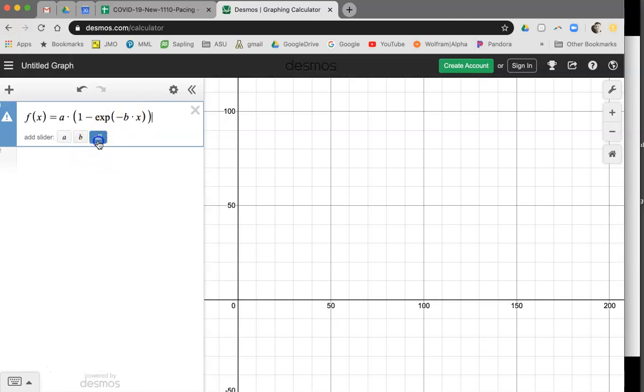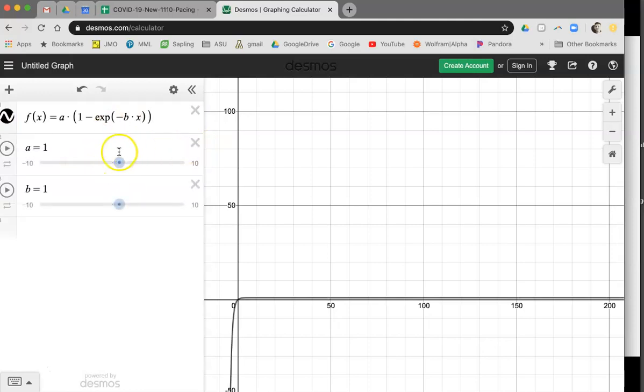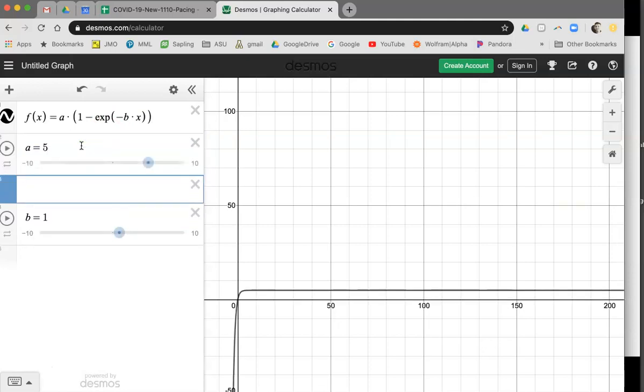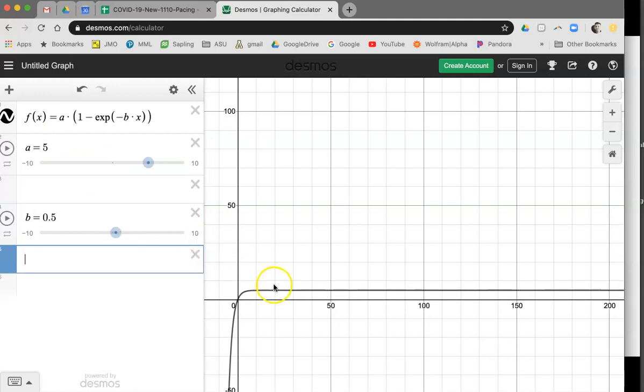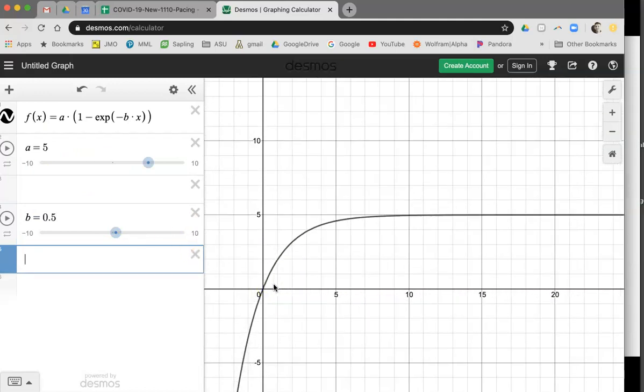Let's add a slider for those. If a is equal to 5 and b is equal to 0.5, then this function does in fact have a horizontal asymptote at 5. I just chose b is equal to 0.5, but any positive value of b will achieve that goal. Don't choose b negative, because then you won't have a horizontal asymptote at 5.